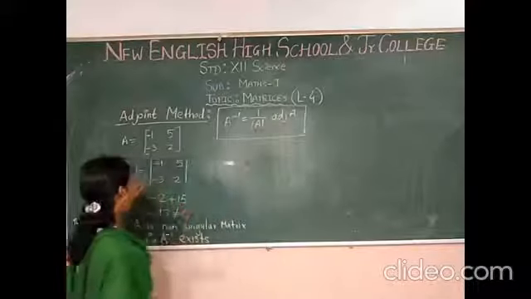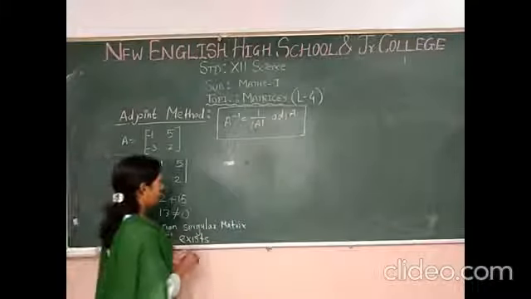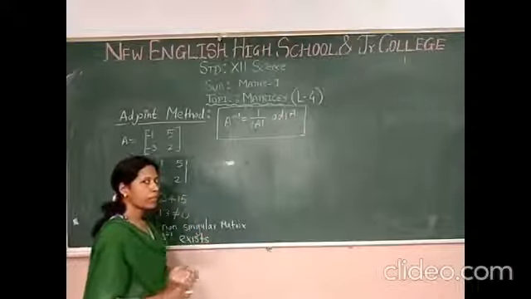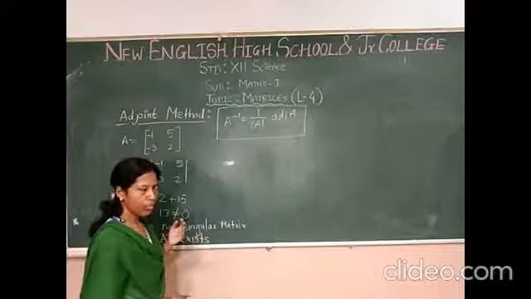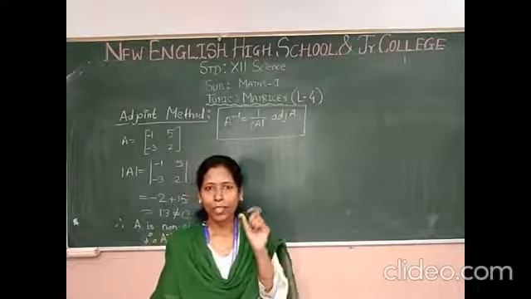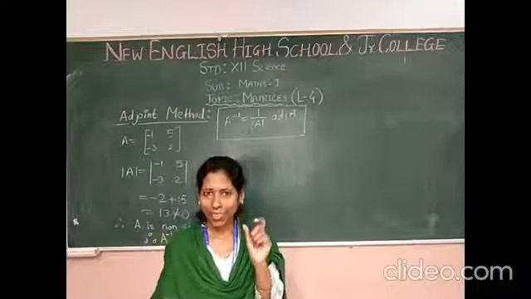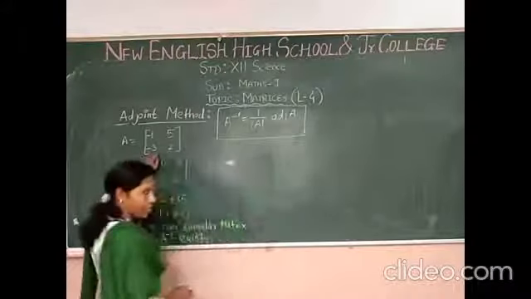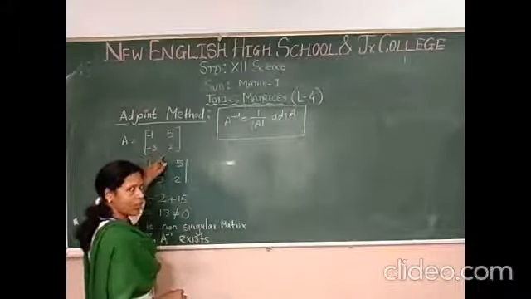How to find the adjoint? Before finding the adjoint, we have to find the matrix of cofactors, and before finding the matrix of cofactors, we have to find the cofactors of the elements of this matrix.